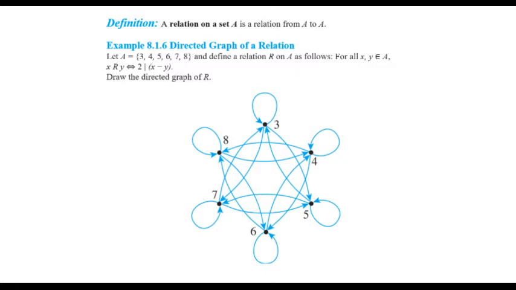Here we use the word "on" instead of "from, to" because the domain is equal to the codomain. So instead of saying from the domain to the codomain, we basically say a relation on a set like A.